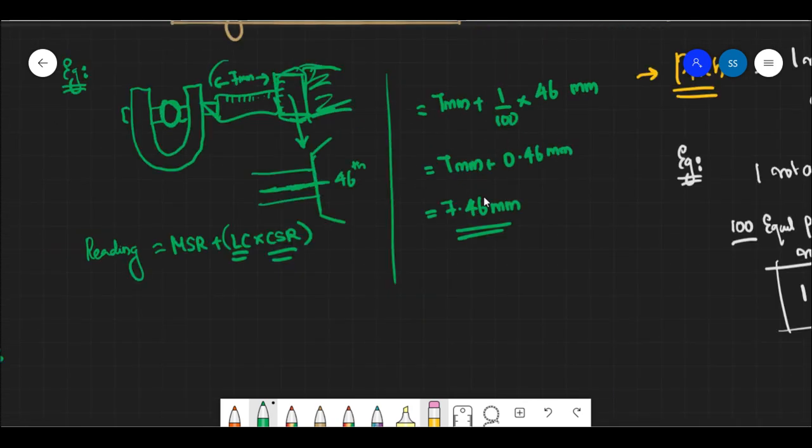Now let me discuss a little bit about errors, right? Guys, you know what errors are. I'm going to make it as simple as possible for you to understand. So let's go back to the figure.